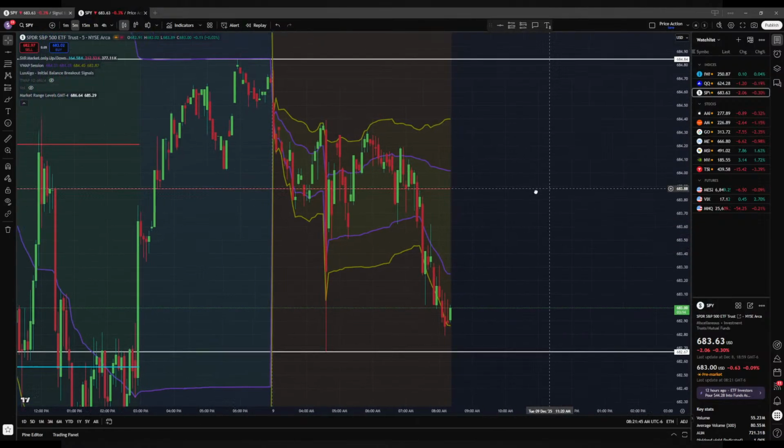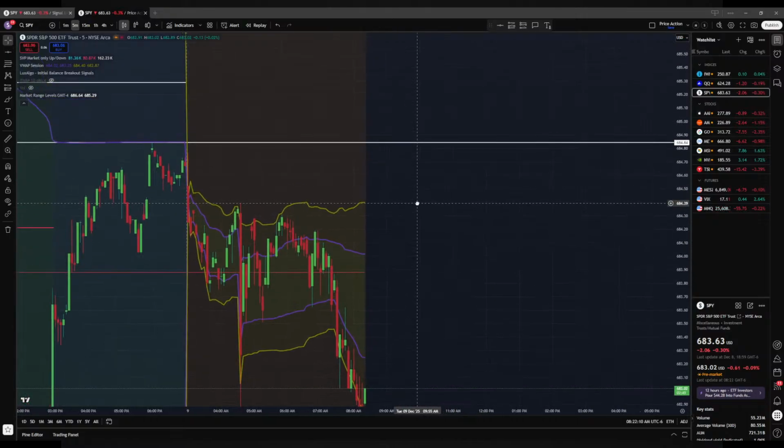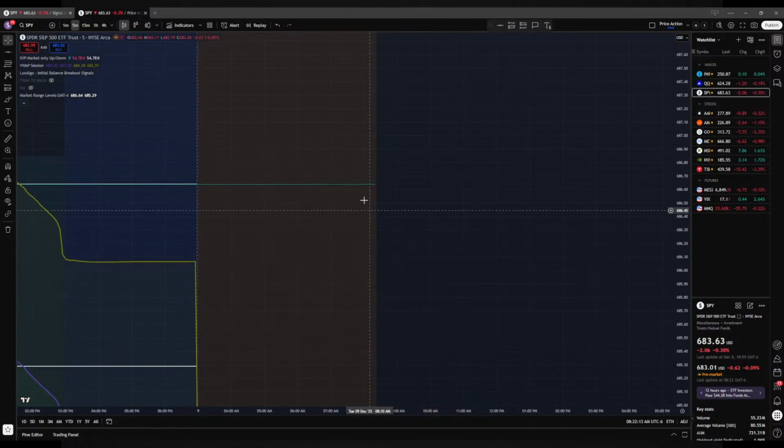The initial balance, we use those as targets, which initial balance again is the opening high and low of the first hour of the market session. So for me, 8:30 a.m. Central to 9:30 a.m. Central, those are marked out as well, which we talked about earlier from yesterday.